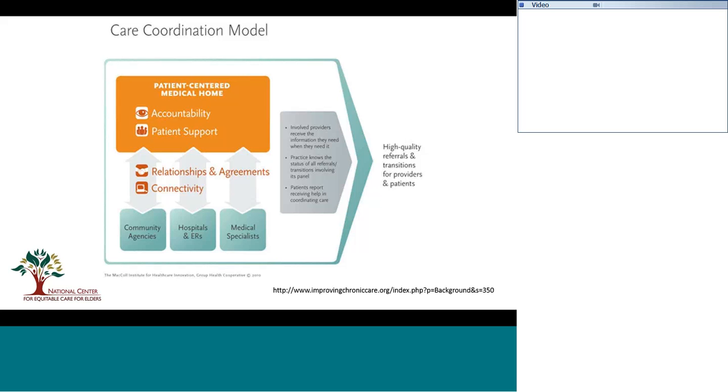The patient-centered medical home is linked to community agencies, hospitals, and ERs, as well as the medical specialists, and using a care coordination model can result in high-quality referrals and transitions for providers and patients.